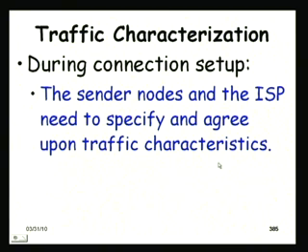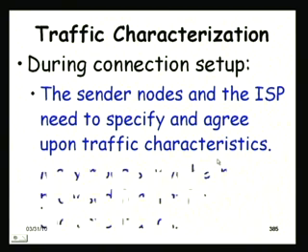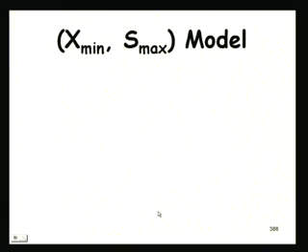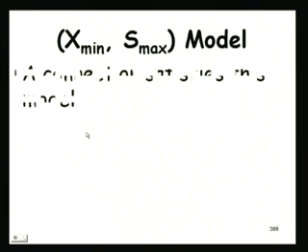For this traffic characteristic, the quality of service will be provided. Now, how does one characterize the traffic? There are several models of traffic characterization which are applicable to different situations or different types of traffic. Some models work well for certain types of traffic and some other models will work well for other types of traffic. Now, let us look at the simplest model, the Xmean Smax model.